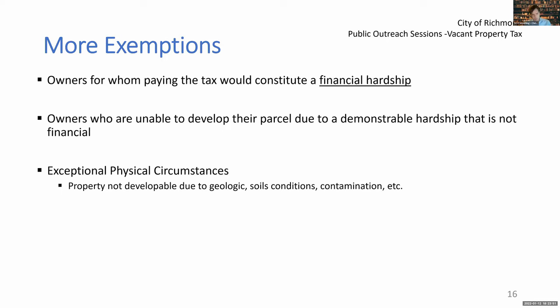Other exemptions, and these three are some of the more nebulous exemptions. The idea of a financial hardship. What could possibly constitute a financial hardship? These exemptions would need to be specifically identified in a tax ordinance, so that the actual administration of the exemption can be possible.